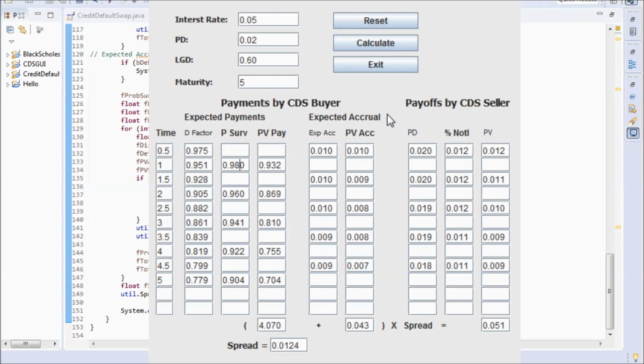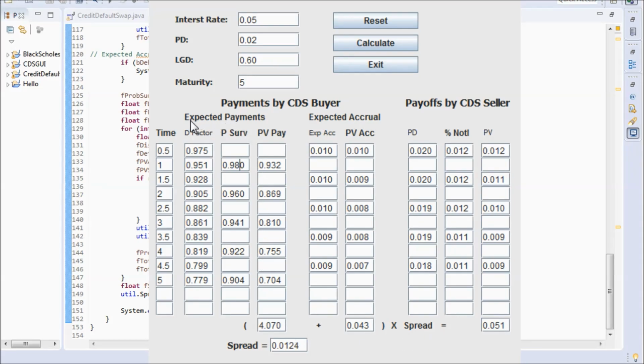The basic logic is the payments by the CDS buyer and the payoff by the CDS seller should be equal. Otherwise, it's not a fair deal. And when we calculate the spread, we use this formula.